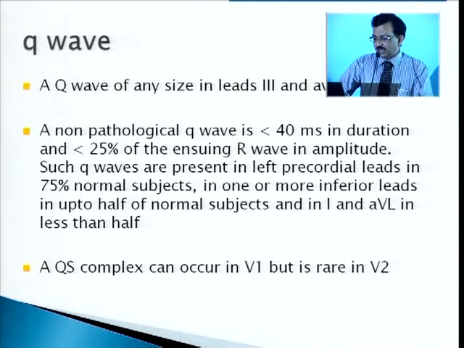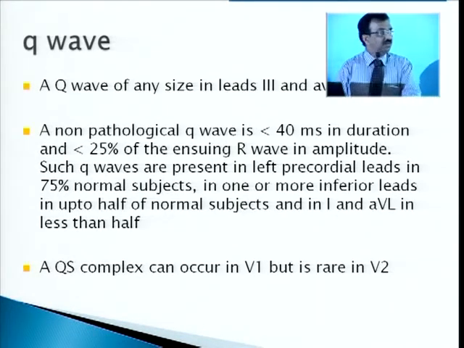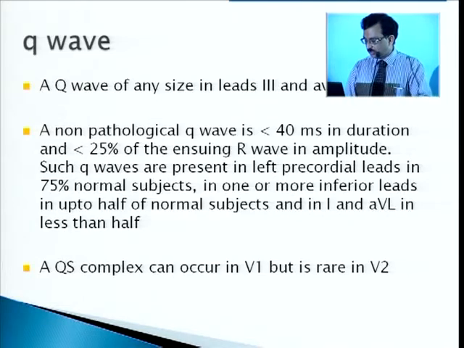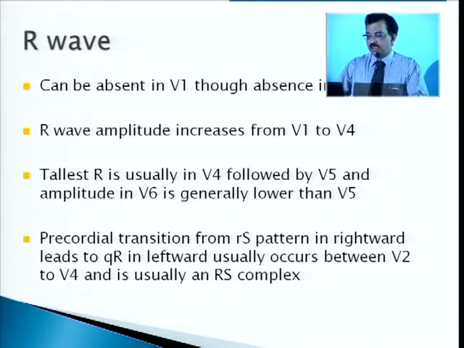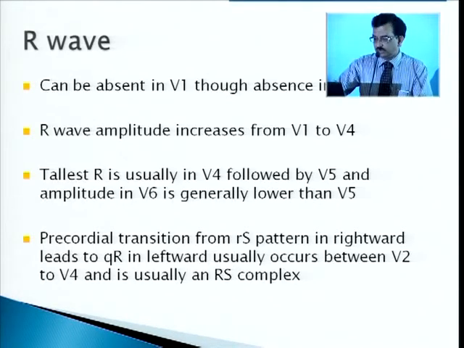The second thing is that the QS complex is very common in V1, and rarely we can see it in V2 also; we should correlate clinically. The R wave can be absent in V1, though absence in V2 is very rare. Most of the time it is present.